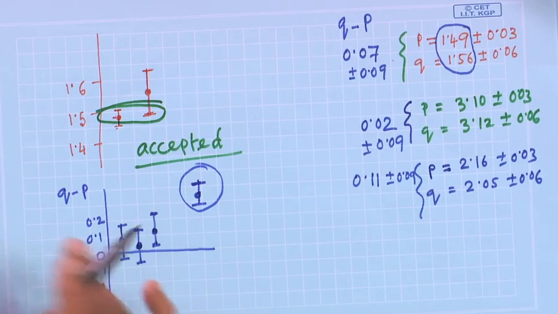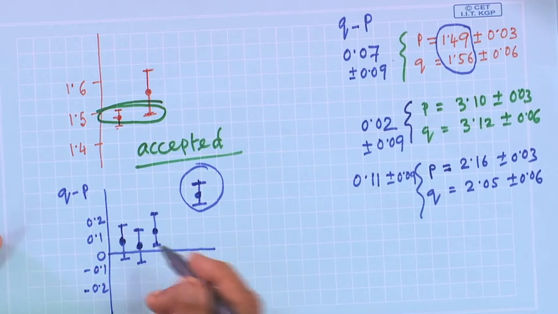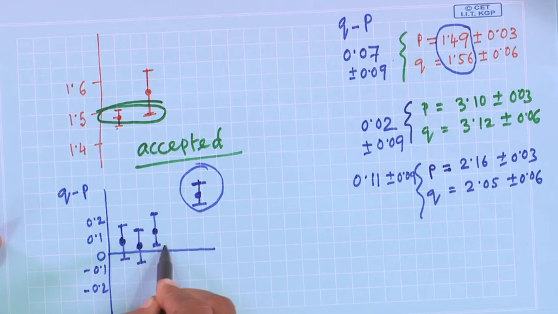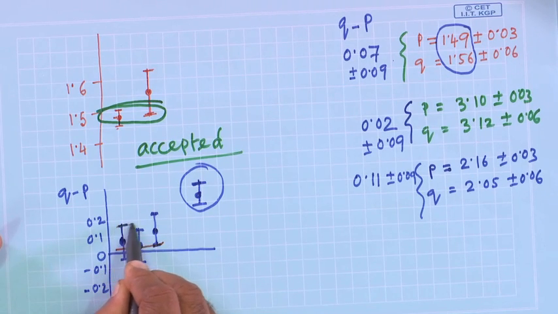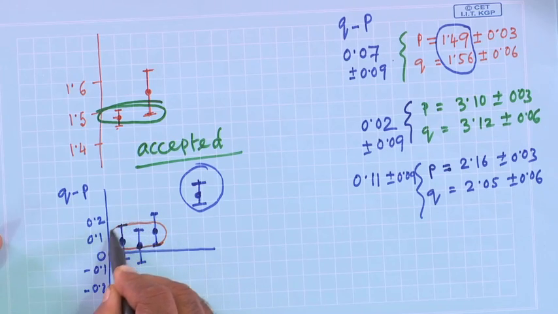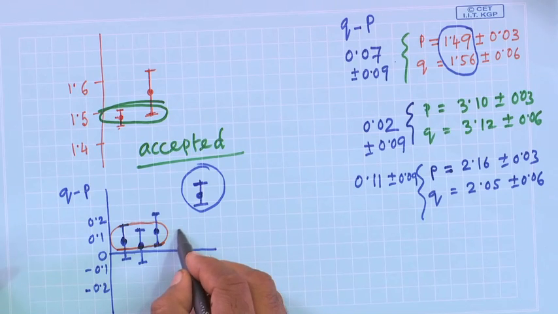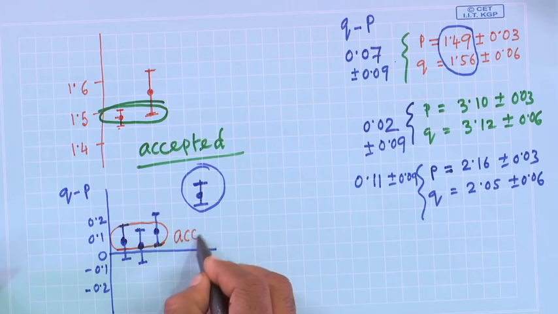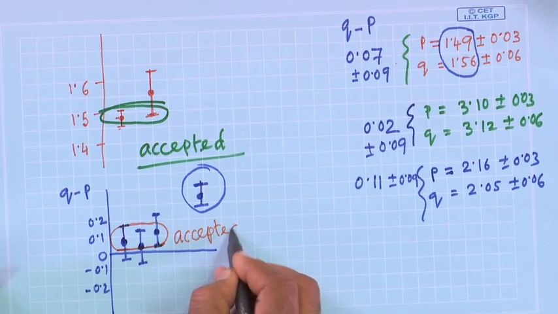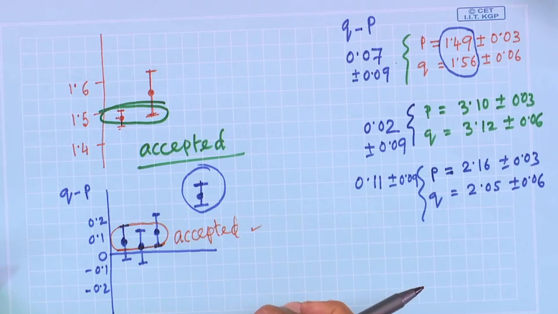But in this case there is nice overlapping among them. So there is an overlapping region, and we say all measurements are accepted and the results are good.